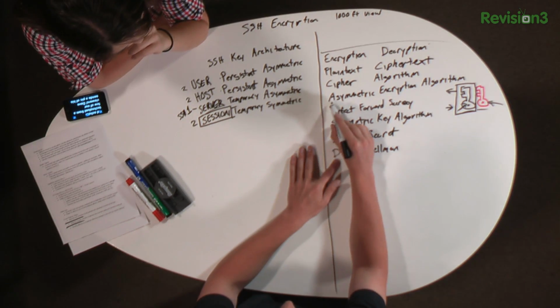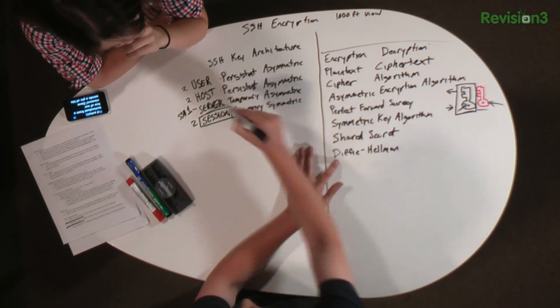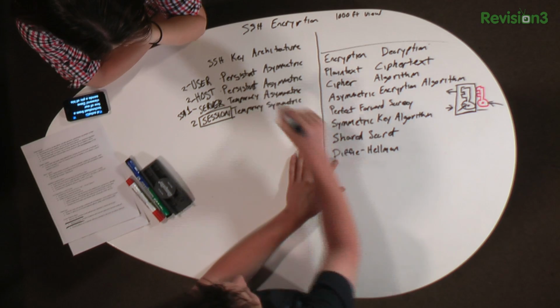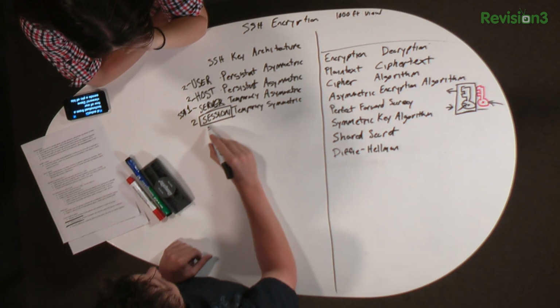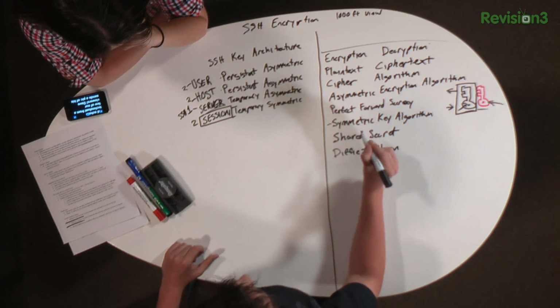And we could do an entire episode on this right here, but suffice it to say, the way that this works is when we first create an asymmetric connection, we're using our public and private keys that we use right here, our user and our host. We use these asymmetric keys with the Diffie-Hellman to pass our session keys, to pass our symmetric keys.